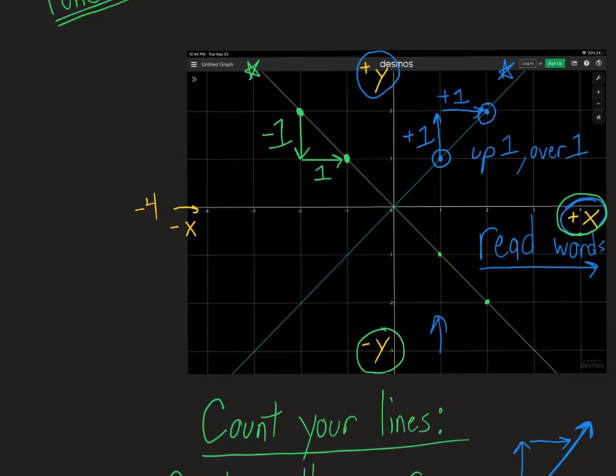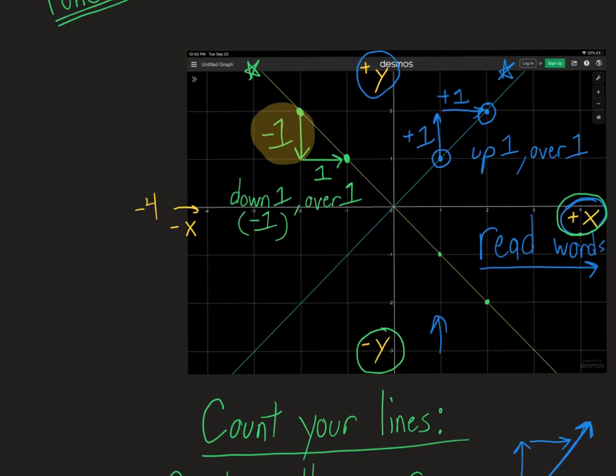So it turns out the only time you ever deal with a negative number, anytime you're talking about steepness, is right here. If you've got a line that's going downward, when you count it, the down is a negative number. And so this guy, he's going down 1, which we're going to call a negative 1, and then over 1.